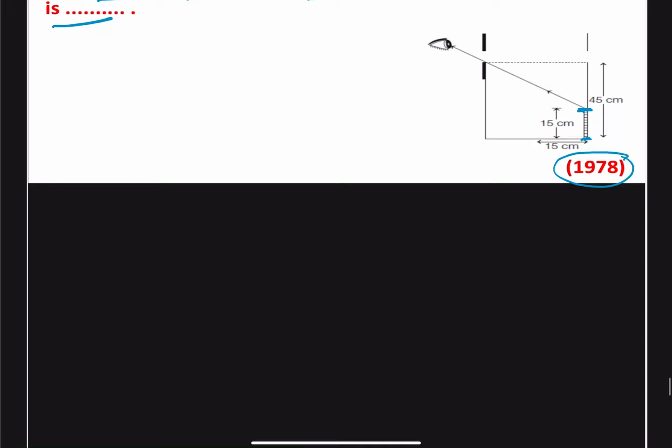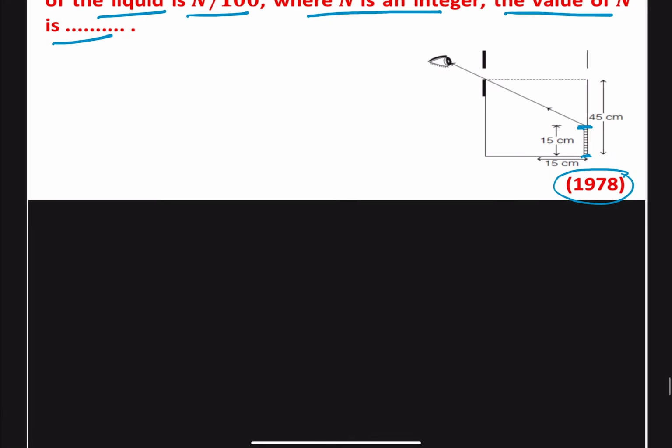So therefore, we can just try to modify the figure and let us draw a normal to it.